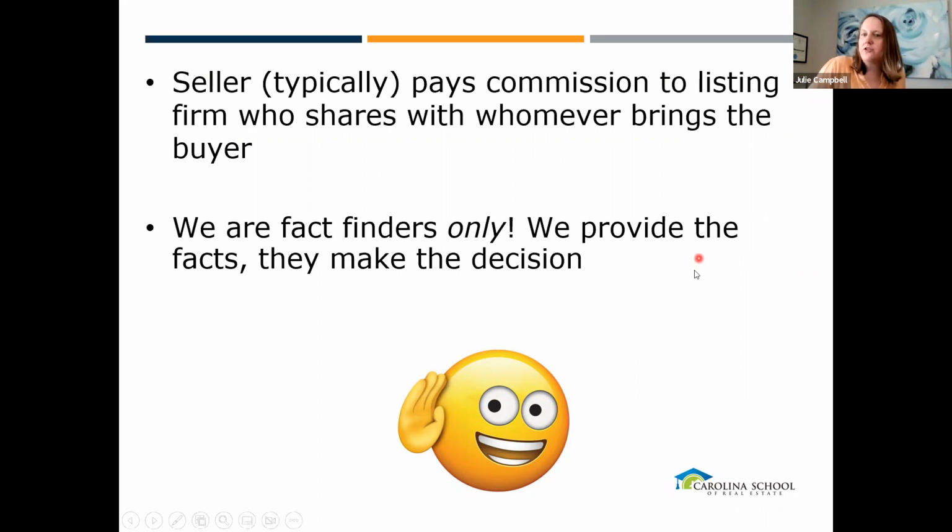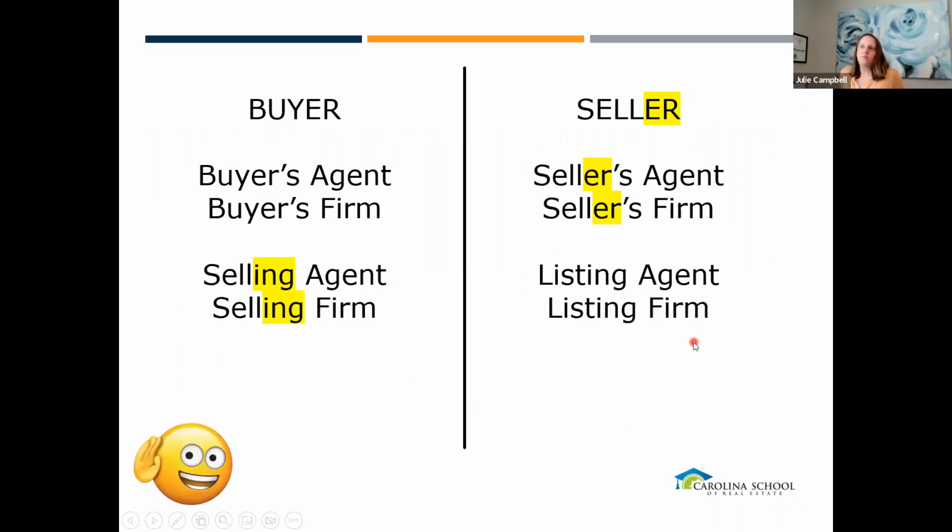The other thing I want to introduce you guys to now, we're going to get more into this in Unit 8, but I do want to introduce it to you now because you're going to see it in Unit 7, is some terminology, some verbiage, and it depends on what side you're on as to what you might be called. So up until this point, we've been referring to the buyer's agent, the buyer's firm, the seller's agent, the seller's firm.